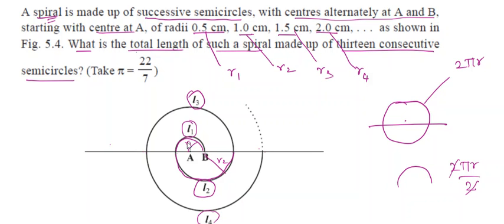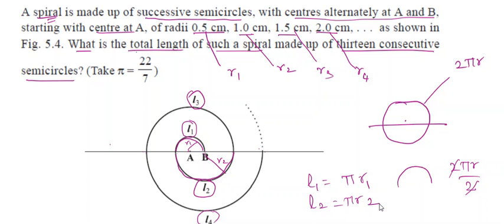Now, what is the length of one semicircle? Pi r, is it not? Because one semicircle means pi r. So what is the innermost semicircle length, which is nothing but pi r1? Do you understand? And what about L2? This is L1. What about L2? That is pi R2.